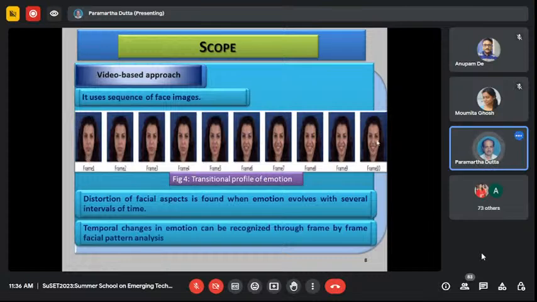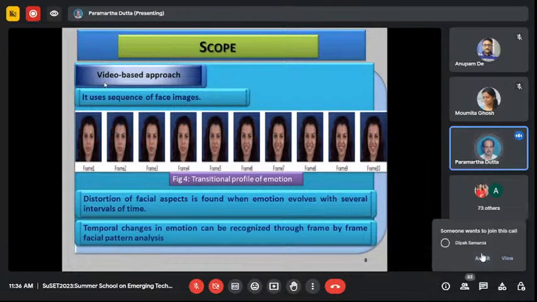The rightmost one reflects complete happiness, and anything in between is a gradual transition from neutrality to happiness. This is represented in terms of a video or sequence of images.